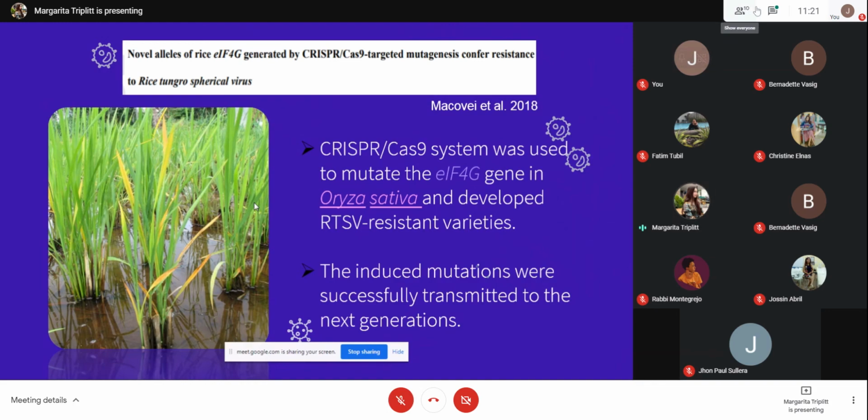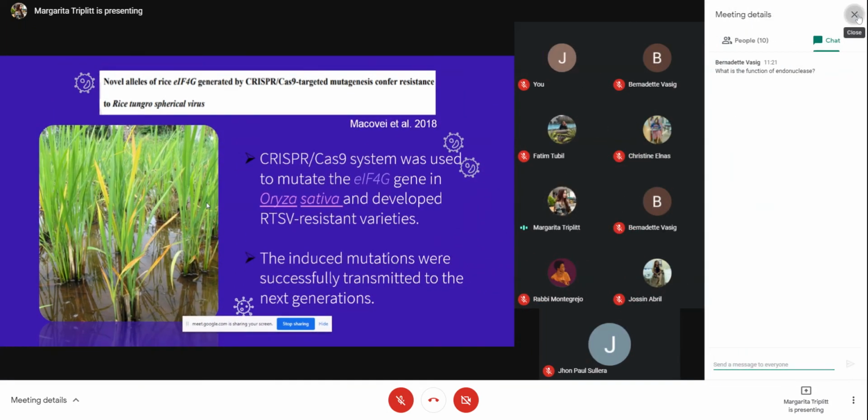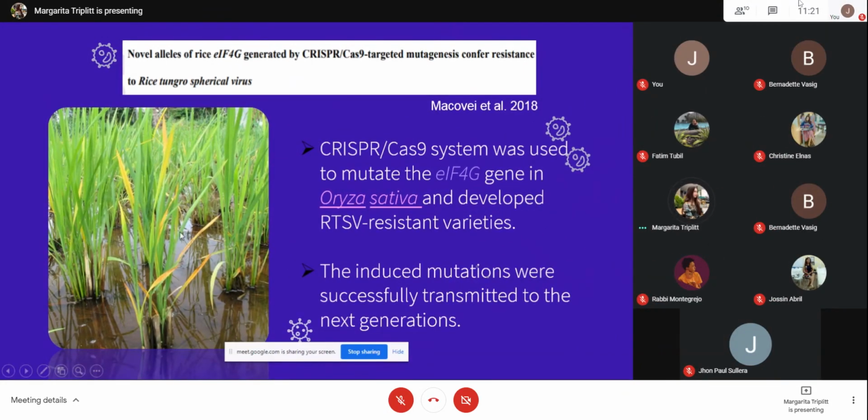That's in 2018. So here we have Oryza sativa or rice, which has been affected by rice tungro disease caused by a virus, which is RTSV.